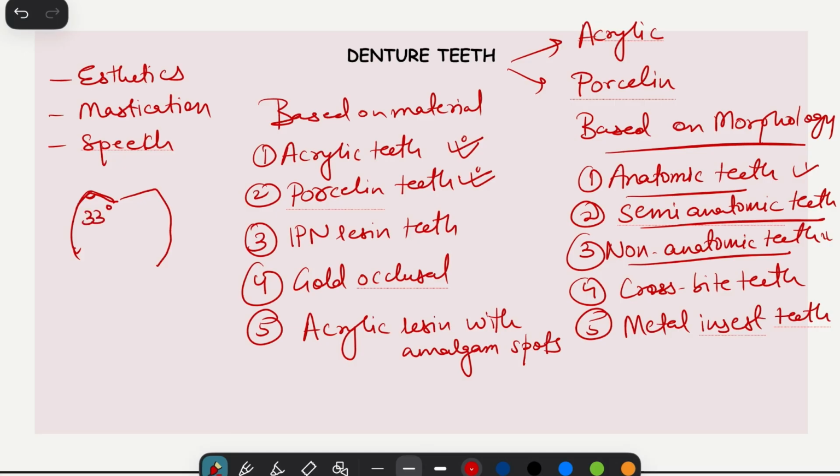In the semi-anatomic teeth, it is 15 degrees, and in the non-anatomic teeth, the angle is 0 degrees. So the cusps are flat. In the anatomic, the angle is 33, semi-anatomic 15 degrees and non-anatomic 0 degrees.